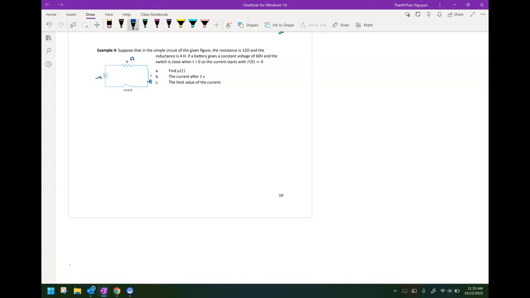And one of Kirchhoff's laws says that the sum of the voltage drops is equal to the supply voltage E. And so we have this equation: L di dt plus R I is equal to E of t. So this is the first-order linear differential equation for the current I at time t.